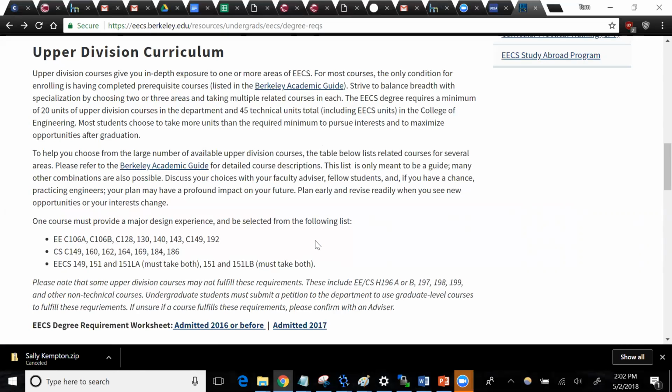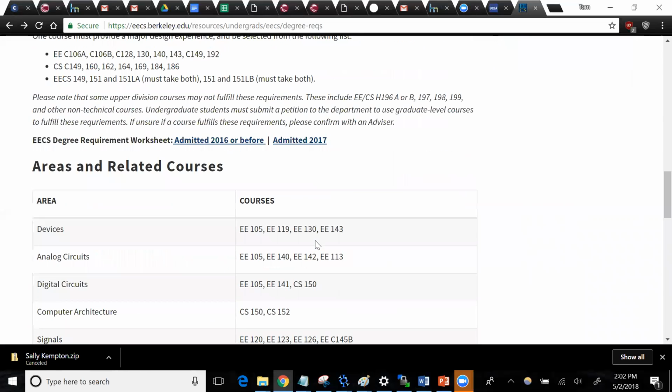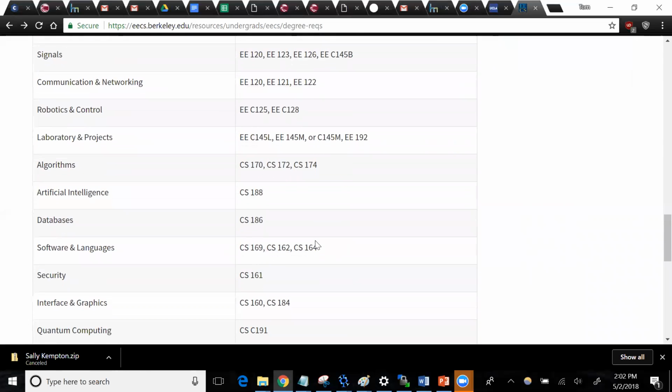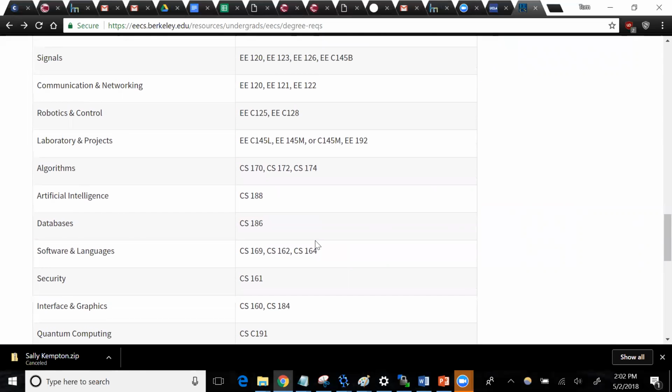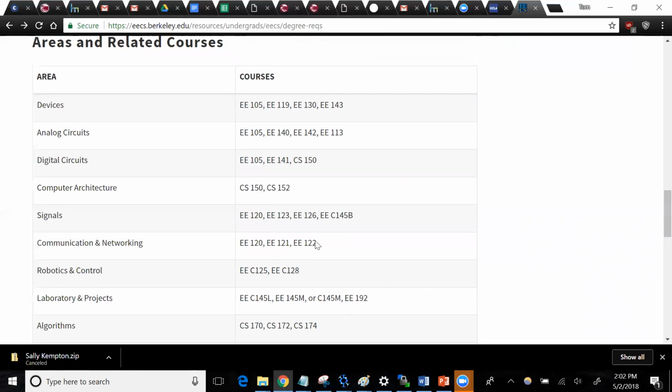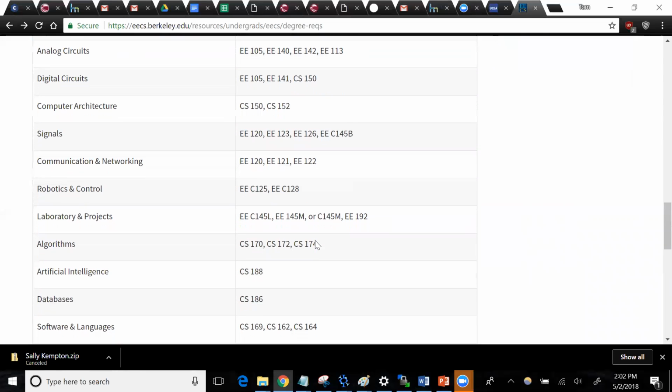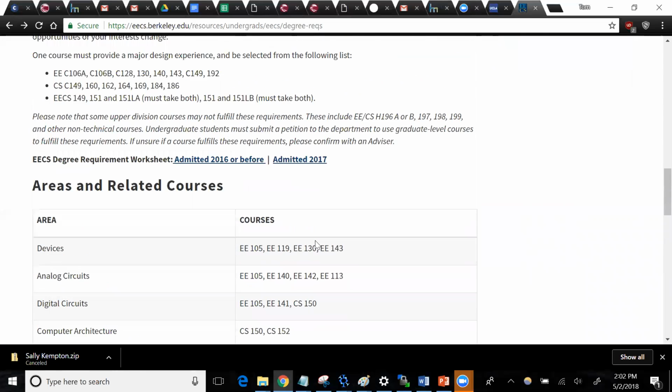I don't know how they arrange the classes. It sounds like you have quite a selection, because you can do a lot of CS-type stuff or a lot of EE stuff. There are really a lot of opportunities there.